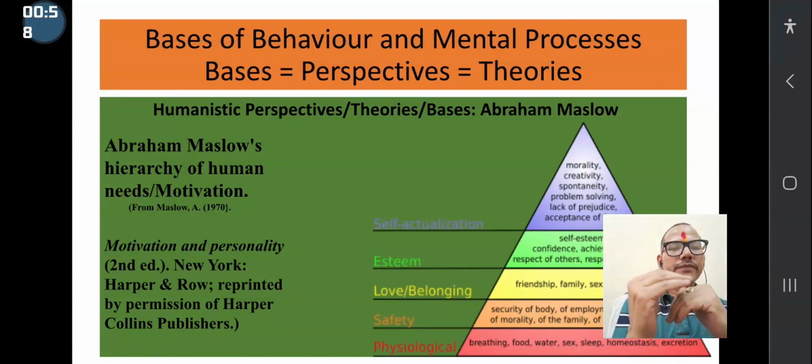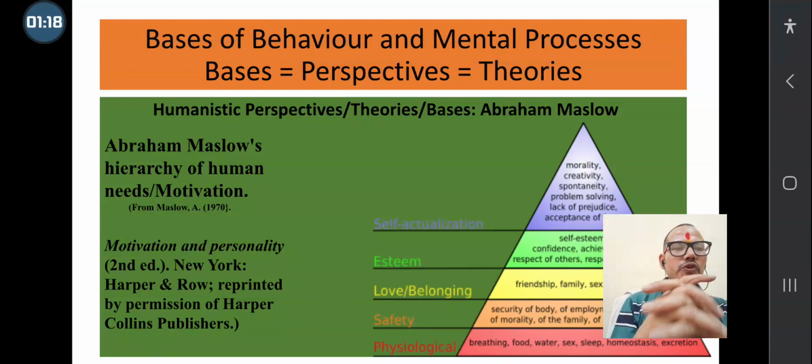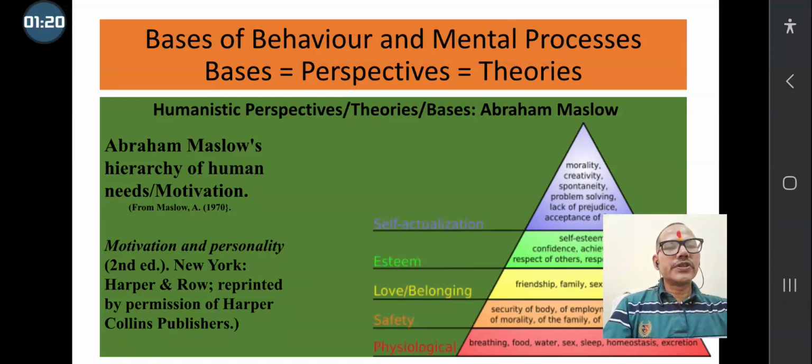From the bottom toward the top, there are 8 total needs, but the first 4 needs are most important for our behavior and mental processes, as well as for good mental health and poor mental health. The lowermost need is called the physiological need according to Abraham Maslow, who was the proponent and the father of this theory.